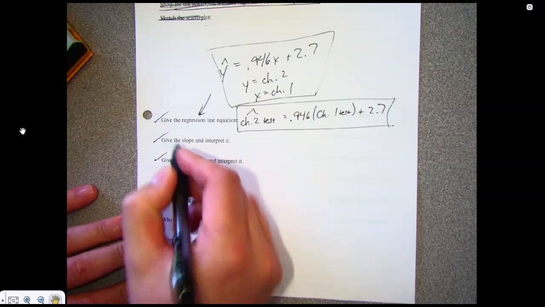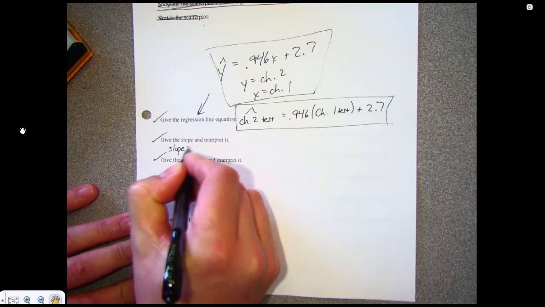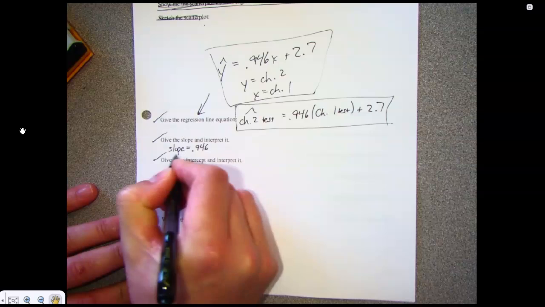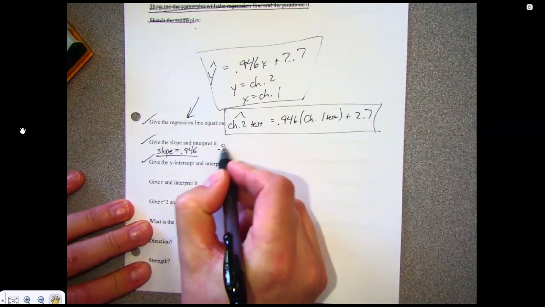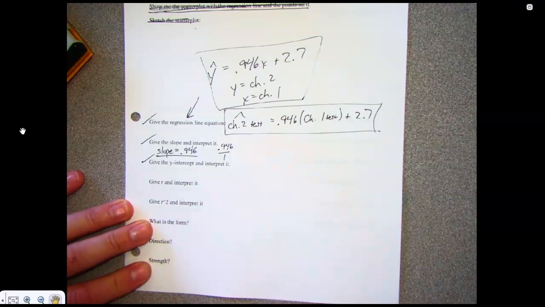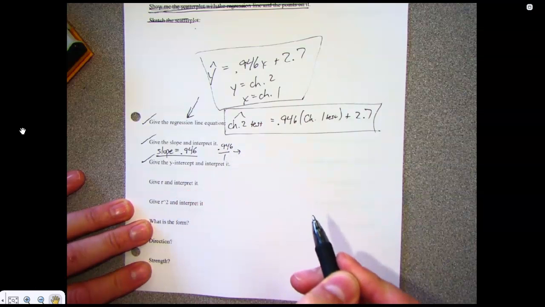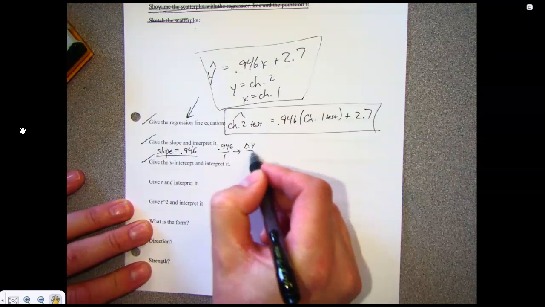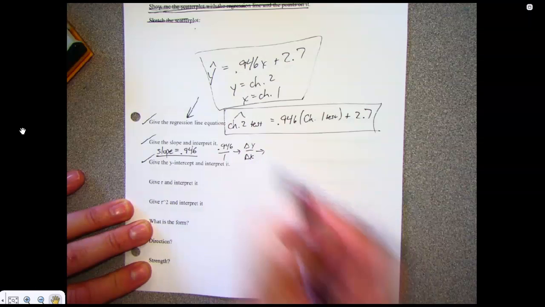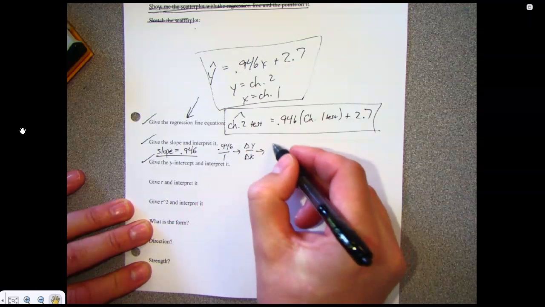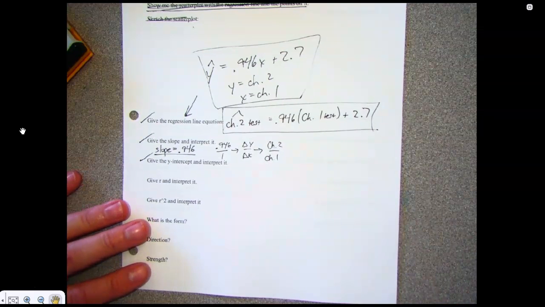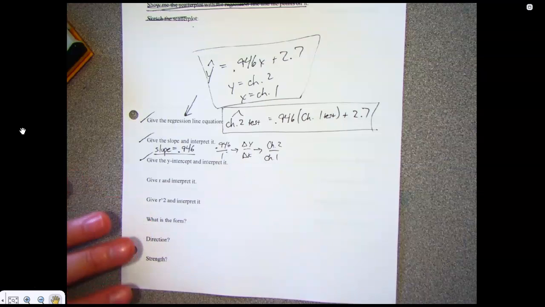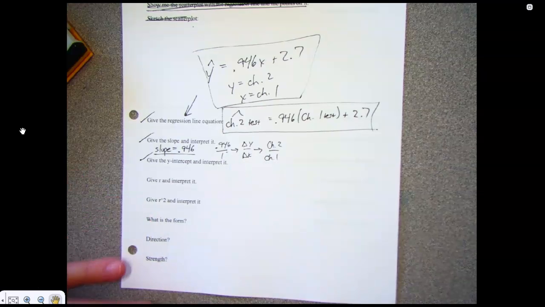Okay, so give the slope. The slope is 0.946. Interpret it. I'm going to think about it as 0.946 over 1, where that's y over x. So the 0.946 is the y, which represents chapter 2. The x represents chapter 1. Again, you don't have to show this part, but it just helps me organize what goes where.